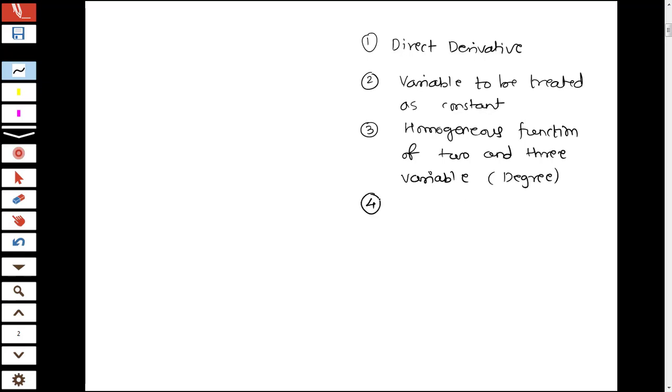Then we may have examples on Euler's theorem, which is basically for the homogeneous function. Then we will have examples on the deduction of Euler's theorem, also called Euler's second theorem.